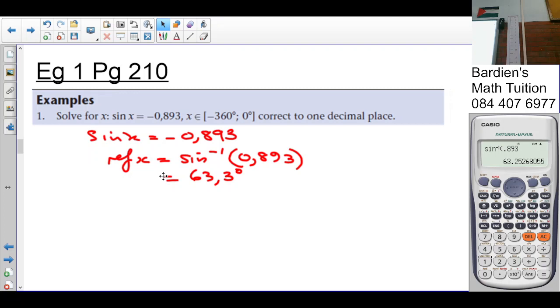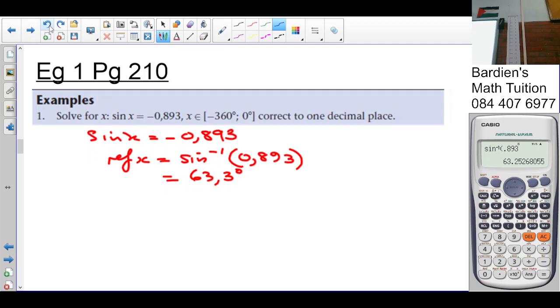If this was a positive number here, then I would have checked in which quadrant sign is positive. But since that is negative, I'm going to check in which quadrant sign is negative.